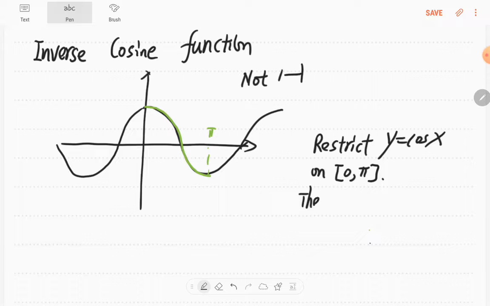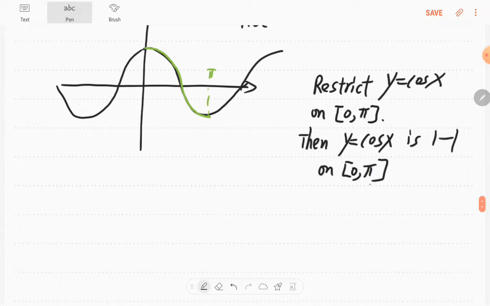Then y equals cosine x is a 1-to-1 function on the interval from 0 to pi. So the inverse exists for this green curve, right?